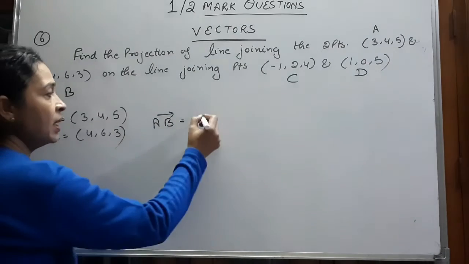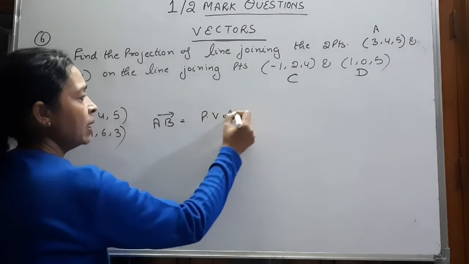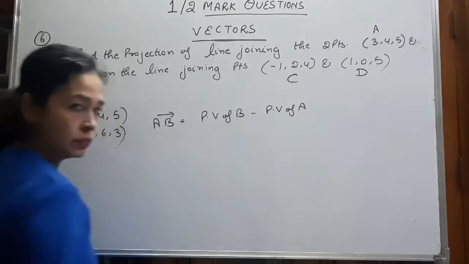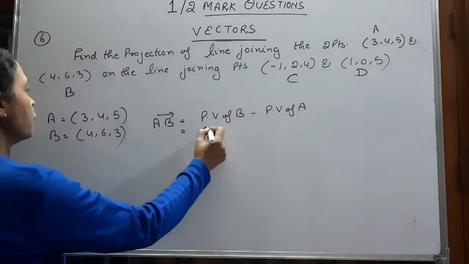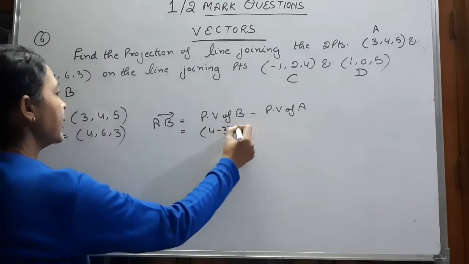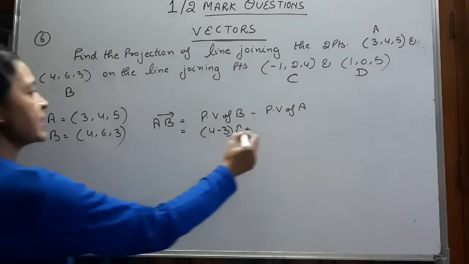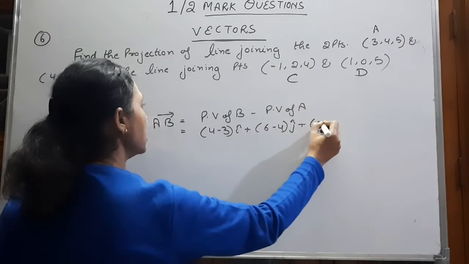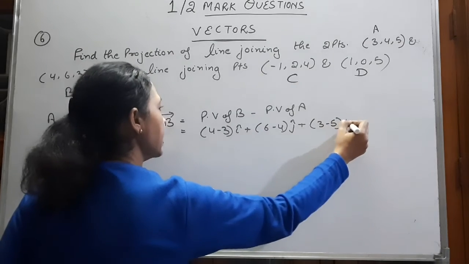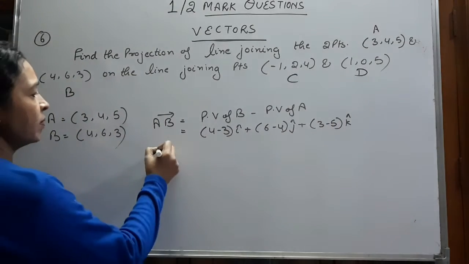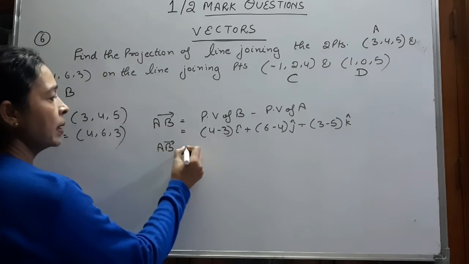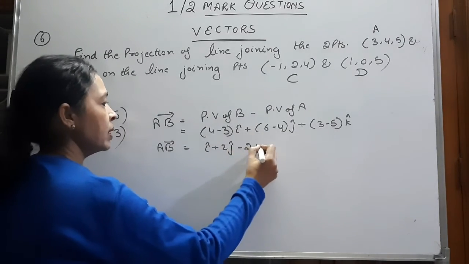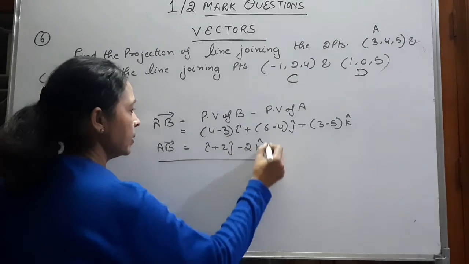And what is vector AB? Position vector of B minus position vector of A. We have 4 minus 3 i cap plus 6 minus 4 j cap plus 3 minus 5 k cap. So our vector AB is i cap plus 2 j cap minus 2 k cap. This is vector AB.